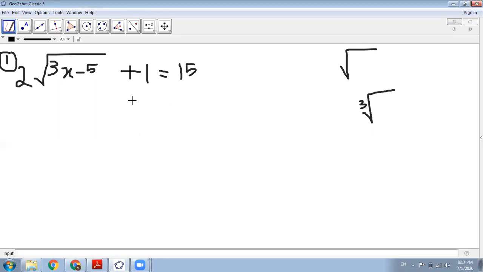For solving that radical equation, first we have to move all the other terms to the other side of the equation so that the radical term remains alone on one side. So first of all, we move plus 1 to this side.